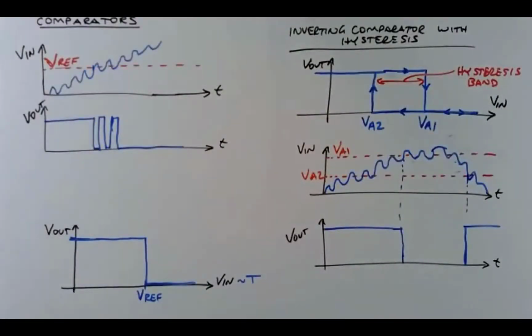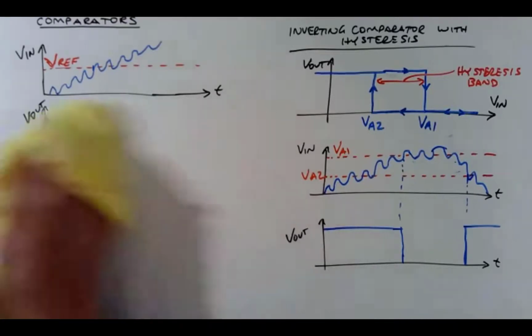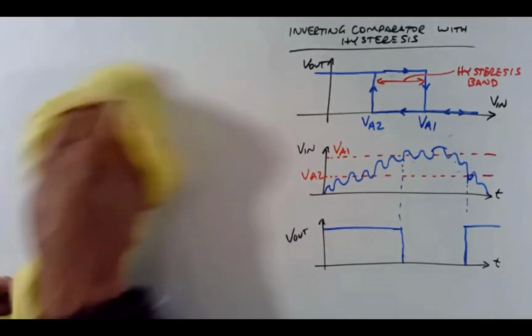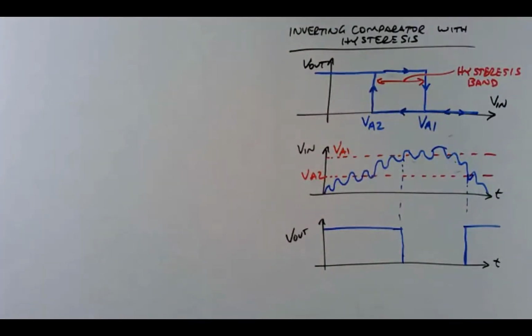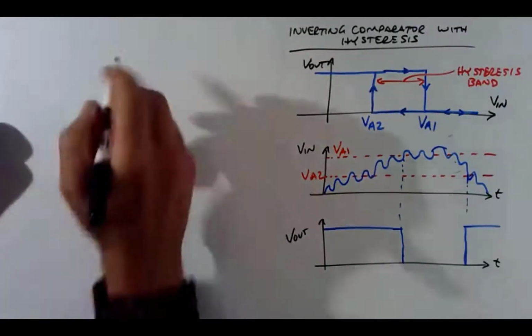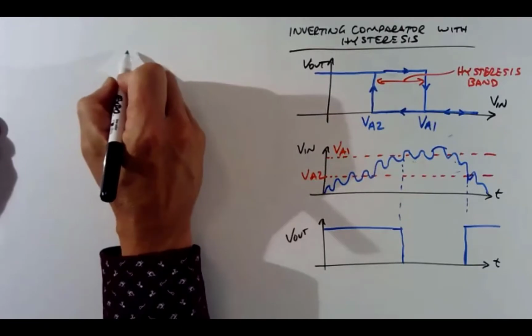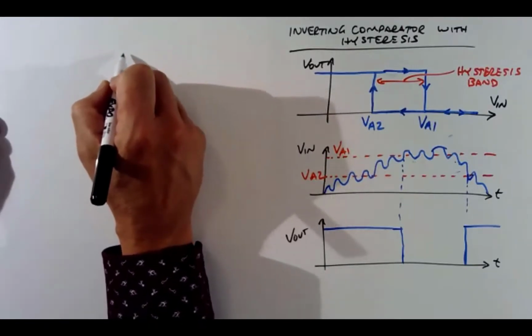Okay, so we're going to create a circuit that does this. Let's start out with the op amp in the center here.